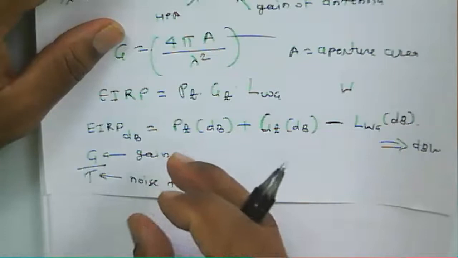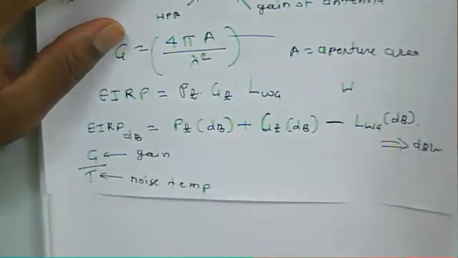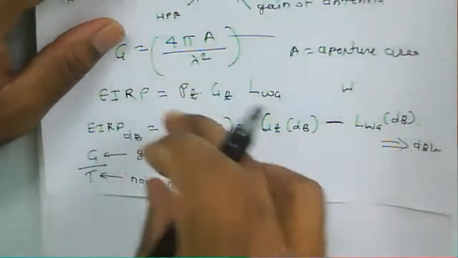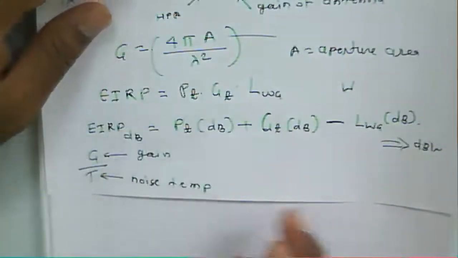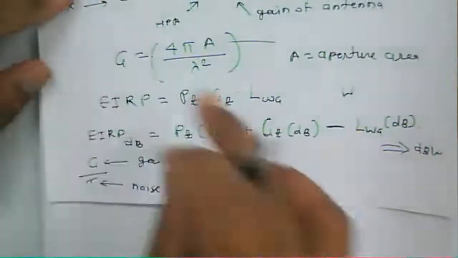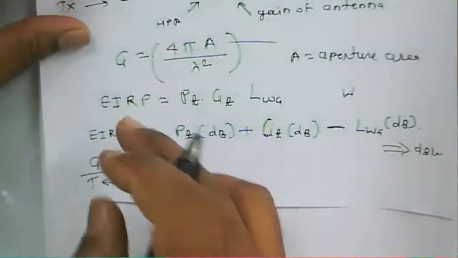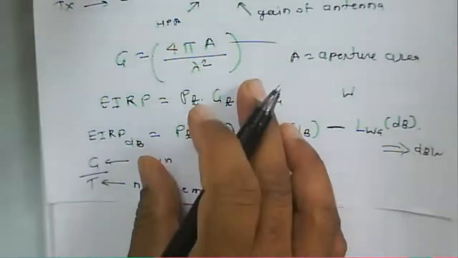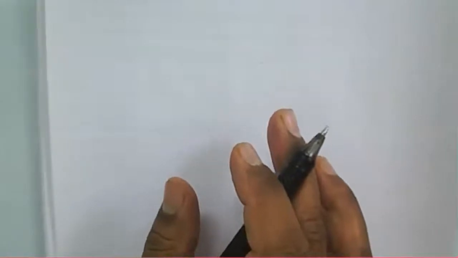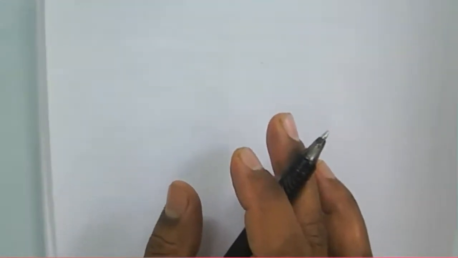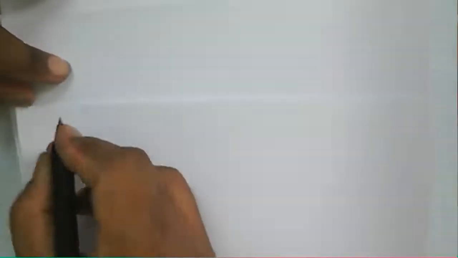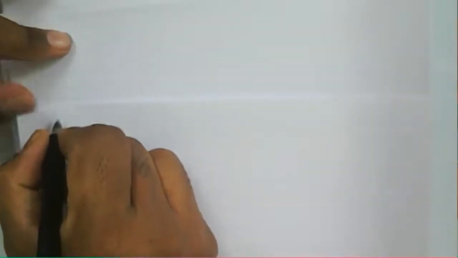That effective temperature, we are supposed to consider as the overall temperature from both components, and then we can find the G/T ratio. So that is the G/T ratio for the receiving side of an antenna. So we say that the performance of an antenna depends on the transmitting side as well as the receiving side.